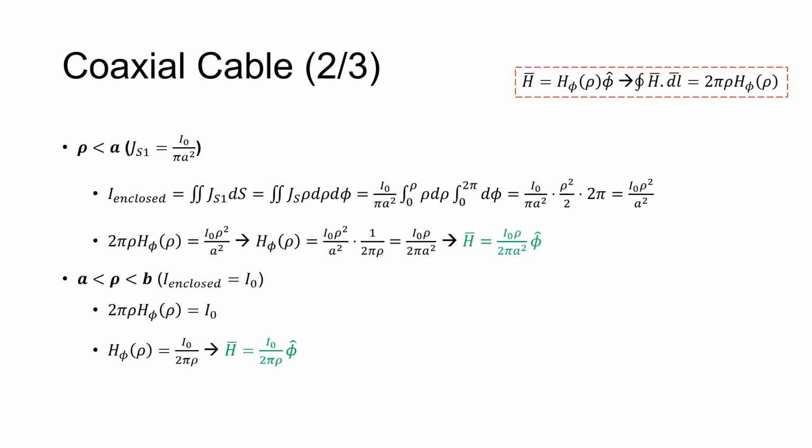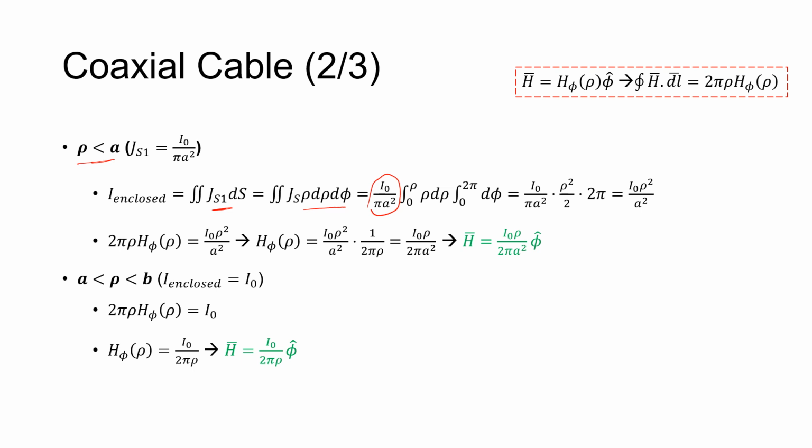Now we proceed with the calculation of the field in each region. For the first region, again, we first need to calculate the total current. We already have Js, so we substitute its value. It is a constant, so we take it outside. We are integrating over the area, rho d phi, because z is perpendicular.